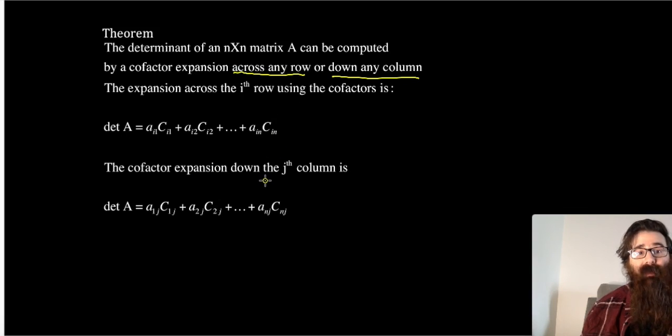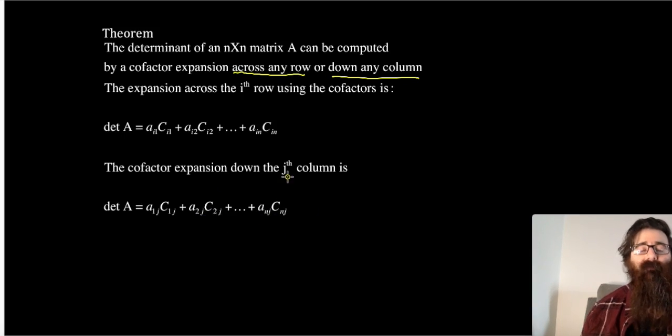And then the cofactor expansion down the jth column, trying to keep things general here, would be determinant of matrix capital A is little a sub 1j and then capital C sub 1j, plus little a sub 2j, capital C sub 2j, plus so on and so forth. We get to the end, we're adding plus little a sub nj, capital C sub nj.